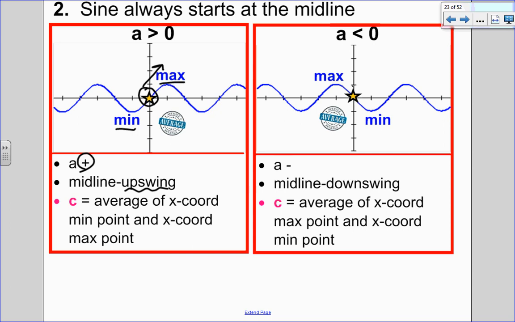Now, if I start midline on a downswing, down is negative. So A would be negative. Midline on a downswing, C is going to be the average of the x-coordinate for max and the x-coordinate for min. So C really is an average.